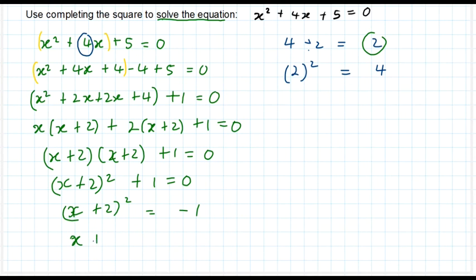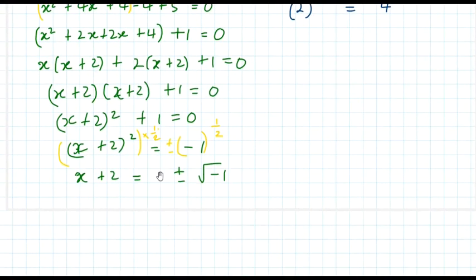Then after taking the square root, we have plus or minus square root of negative 1, and half is simply the square root, which means, of course, the result is a complex number.